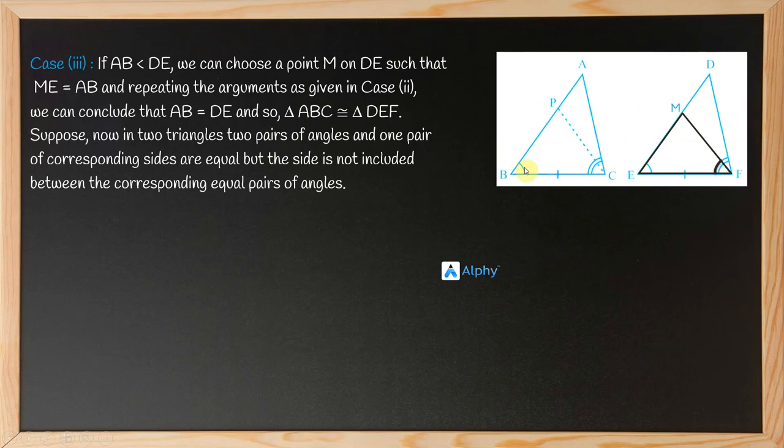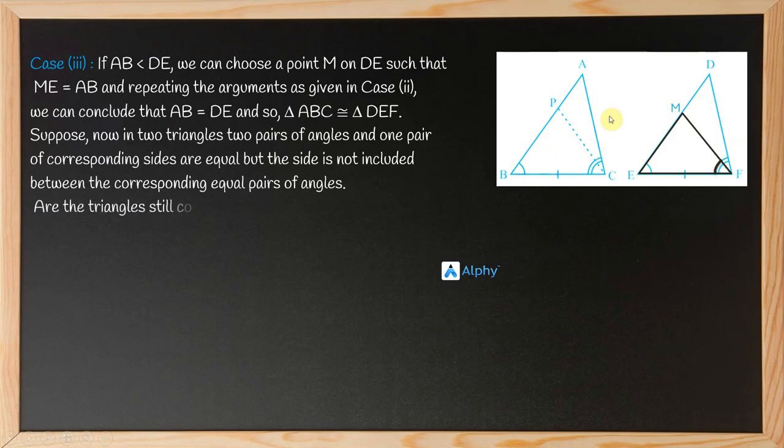Suppose angle B is equal to angle E, angle C is equal to angle F, and AB is equal to DE. So these two pairs of angles are equal to each other and these sides are equal to each other, but these sides are not included between those angles.